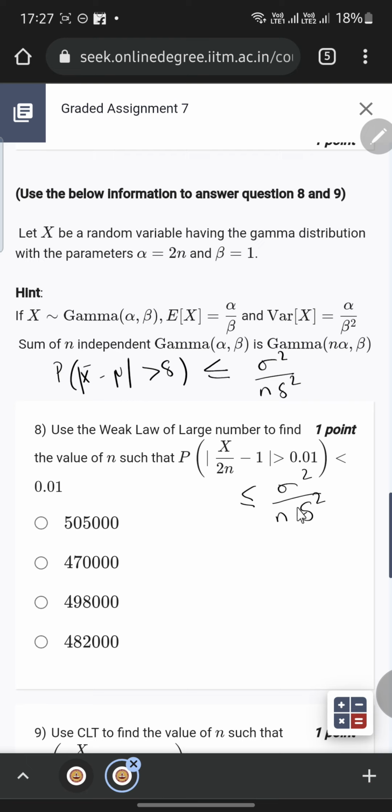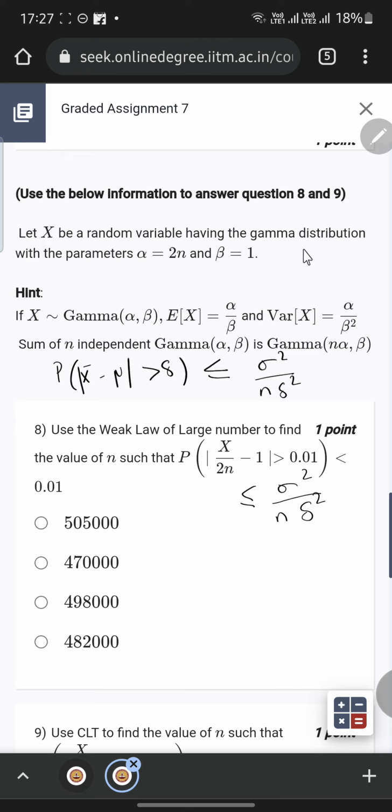So from this I'll be just using the formula. Sigma square is 1. First of all, we need to find the variance here. The actual variance would be 1, because it's given lambda equals 2n and beta equals 1.